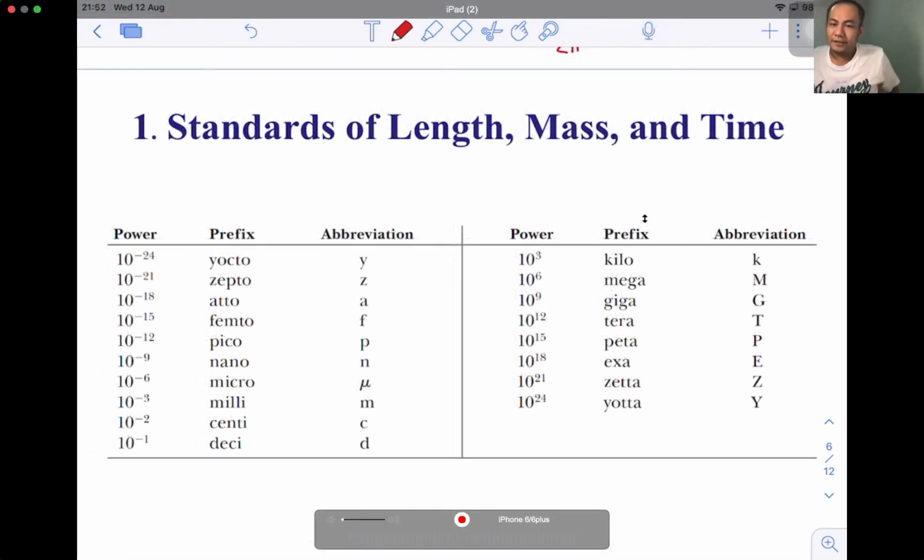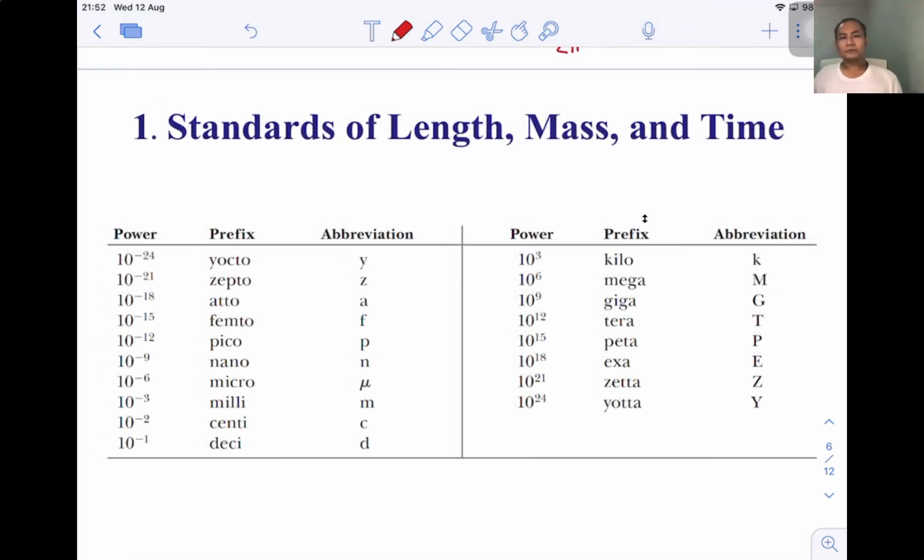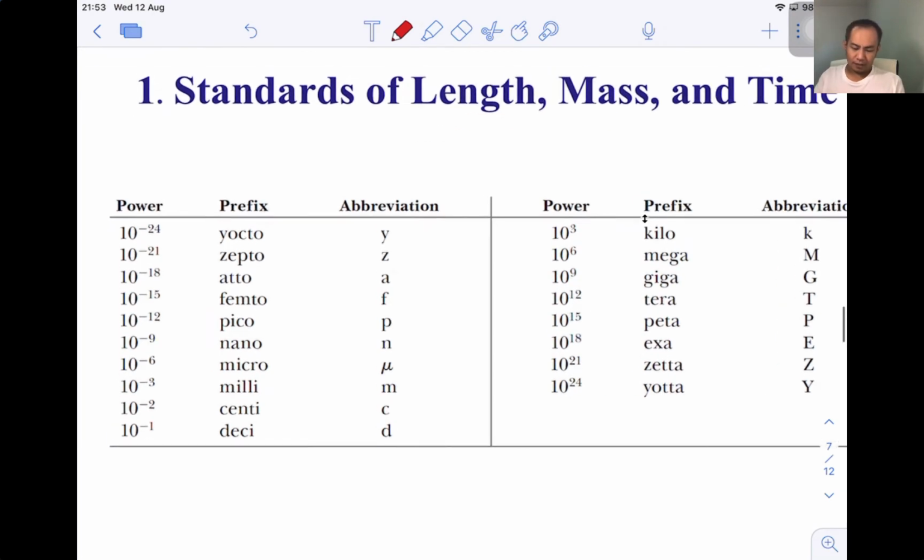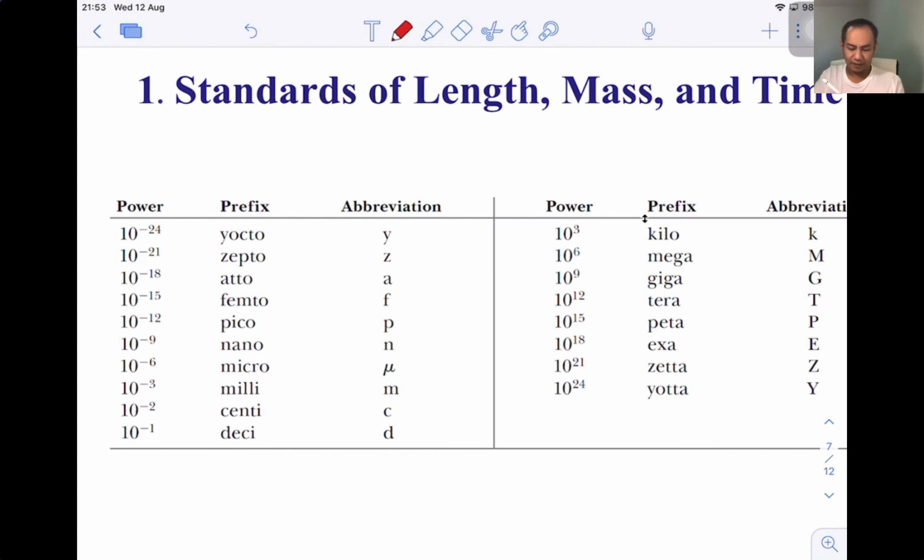Okay, for this slide I will talk about the prefixes that we usually use to describe length, mass, or time. For example, 10 to something like this.